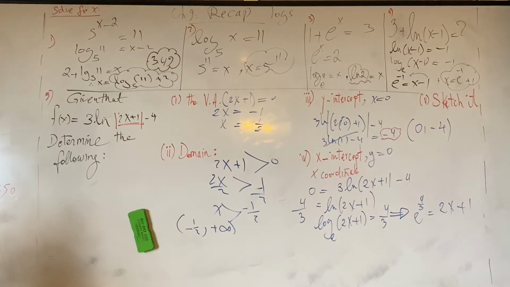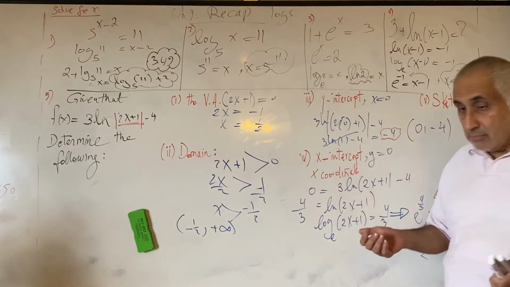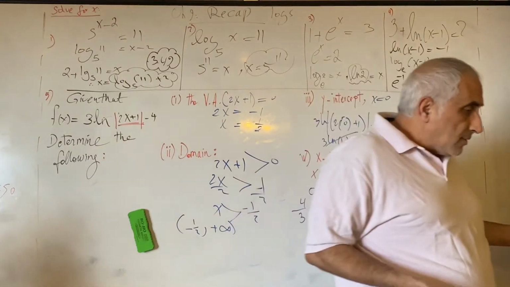What do I do next? I will take the 1 over there. What do I do next? I'll divide by 2. So at the end of the game, x would be what? e to the power 4 over 3 minus 1, all divided by 2. You may leave it that way or simply find the answer.